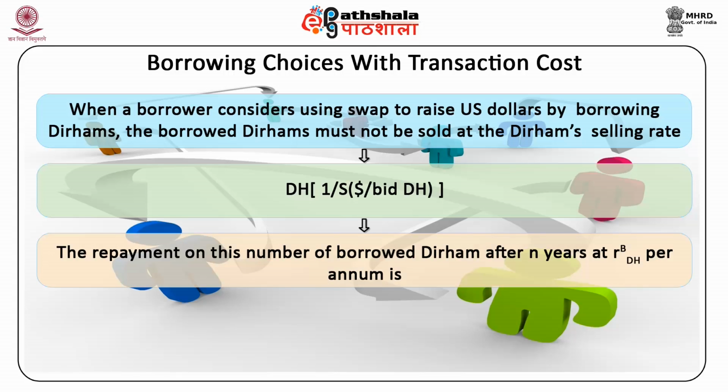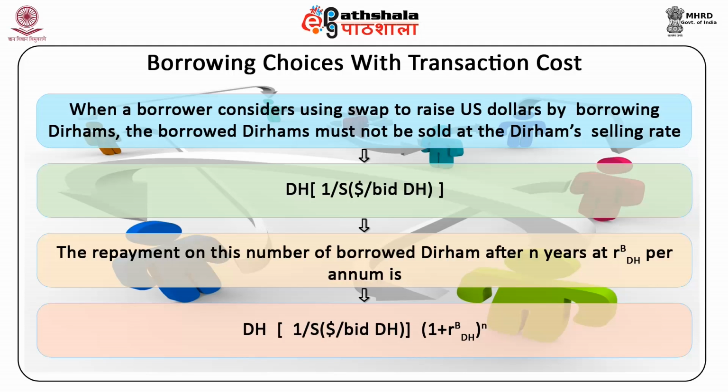The repayment on this number of borrowed dirhams after n years at R dirham per annum is 1 divided by the spot rate of dollar per bid rate of dirham, into 1 plus the borrowed rate of dirham whole raised to the power n.